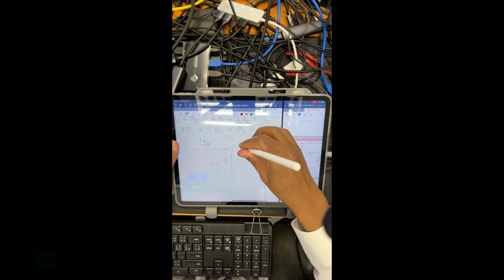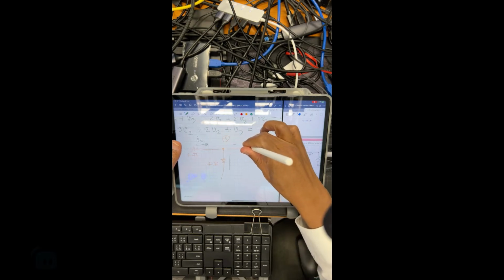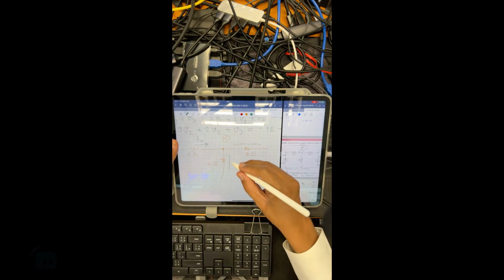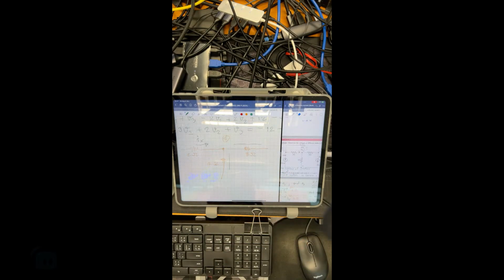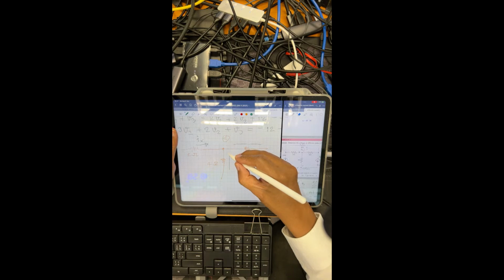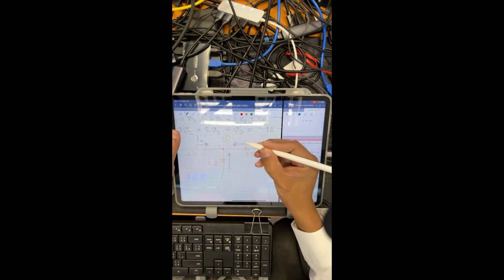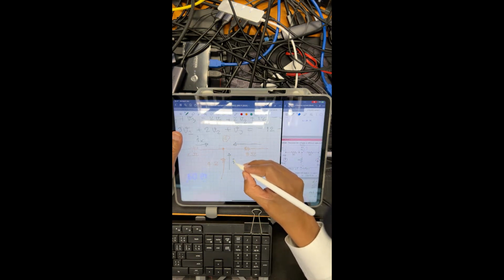Going into or out of the node? Okay, into the node, and this is P or Q.